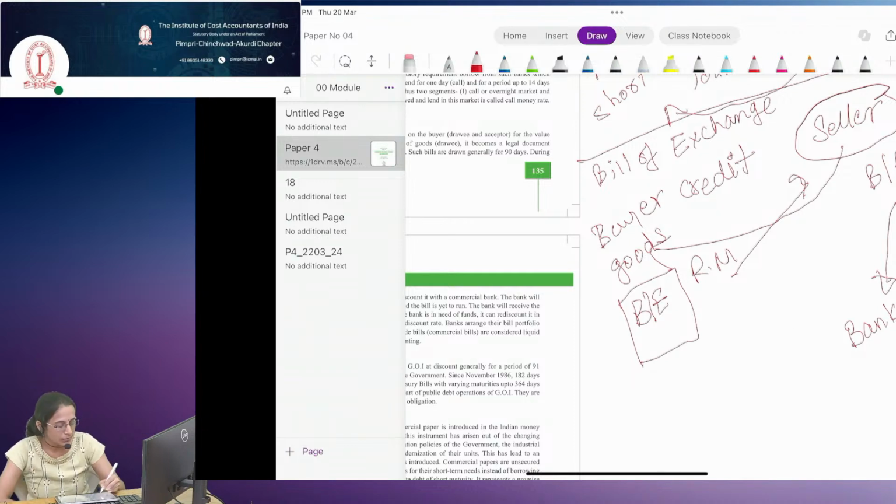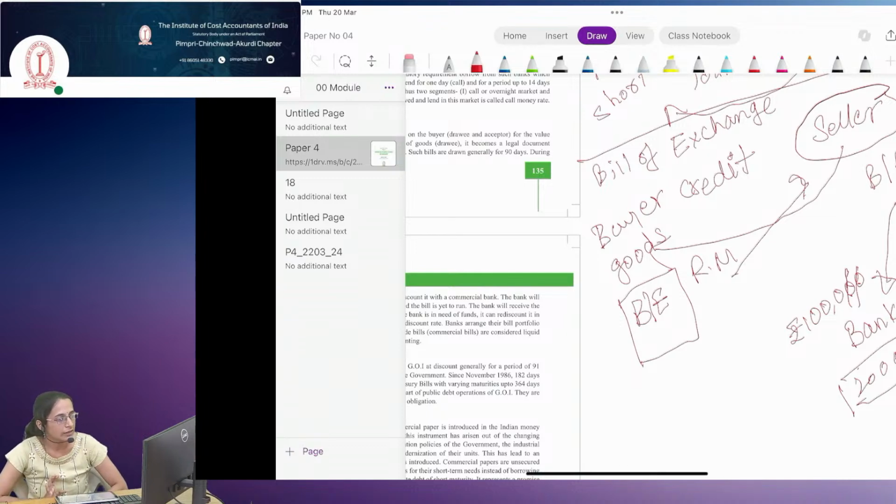Now, if the bill of exchange is 1 lakh rupees, the bank will deduct some commission percentage. If it deducts 2%, so 2000 rupees the bank kept with itself and gave 98,000 rupees to the seller.